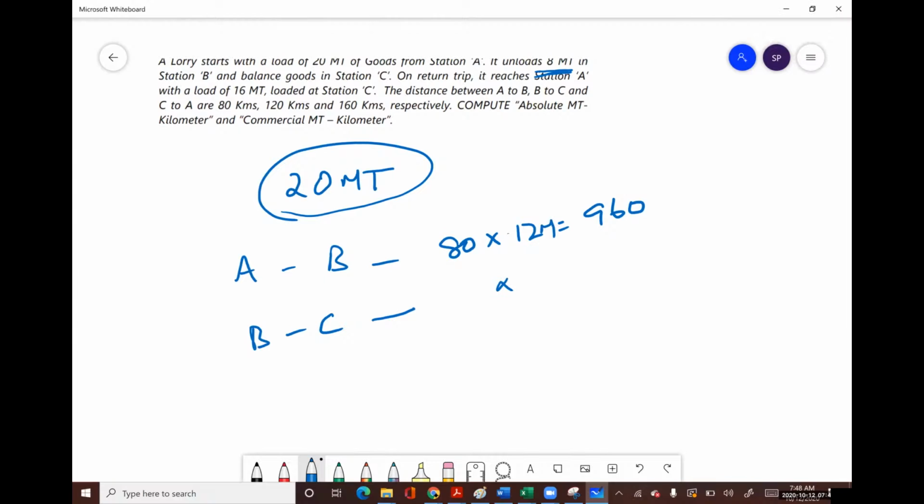It should be 12, right? Because totally we're carrying 20 and at station B we're unloading 8. So we have 12 left. So B to C, it should be 12. You're right, I'm wrong. So how much is that? That's 20, sir, A to B.